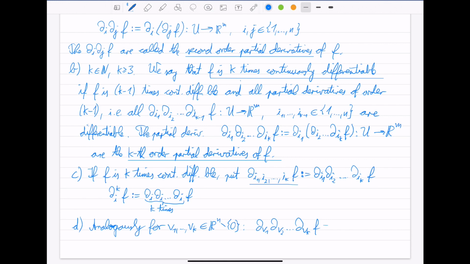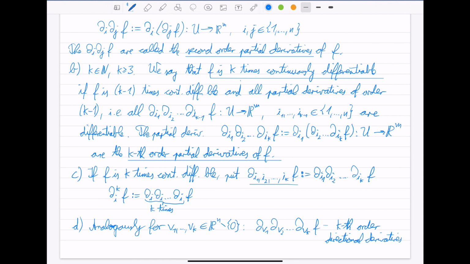So these are the kth order directional derivatives. I'm not going through the construction again. So again, by iterating this construction, and it turns out by this differentiability notion, since we have seen that this is all well defined if we have a continuously differentiable map. I'm not going into details on that.